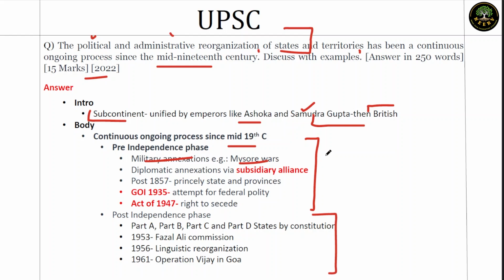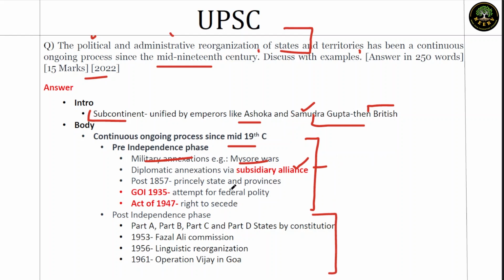You can talk about the Marathas, Sindh annexation, all these things. Then diplomatic annexation. After Mysore was won over, subsidiary alliance was signed. But there are kingdoms like Travancore, for example, who signed the subsidiary alliance without military action. So we'll give them here in the second point, diplomatic annexation.